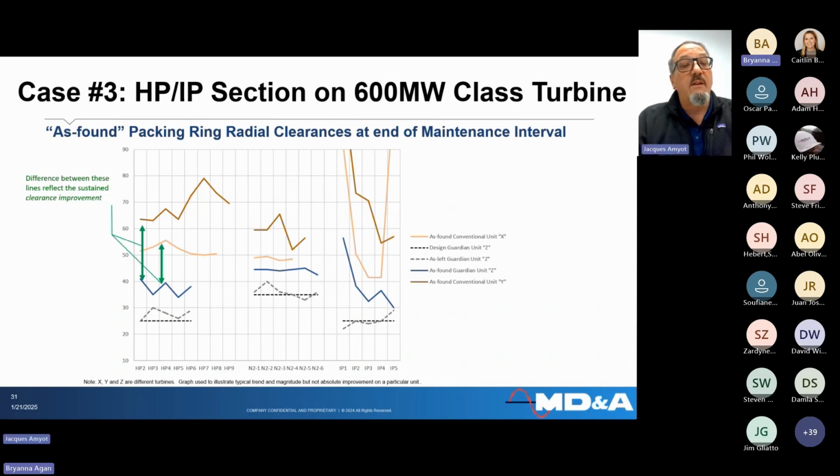The other two lines above, the brown and the peach line, are units without Guardian seal technology, and those are the types of radial clearances you might see in a unit without it. So you can see there's significant improvement in the expected wear of seals between conventional OEM seal design and Guardian seal design.